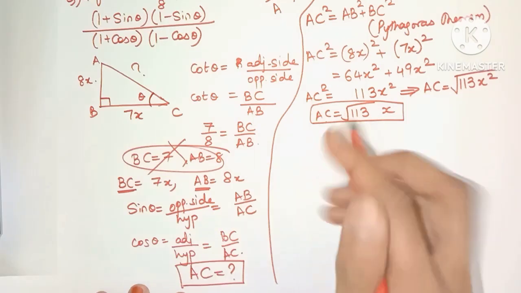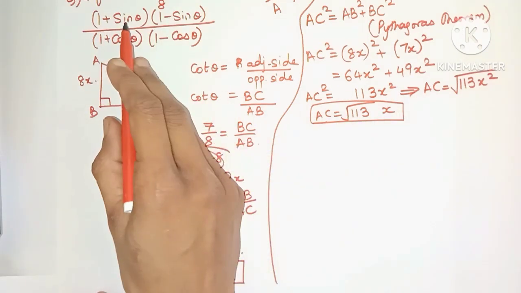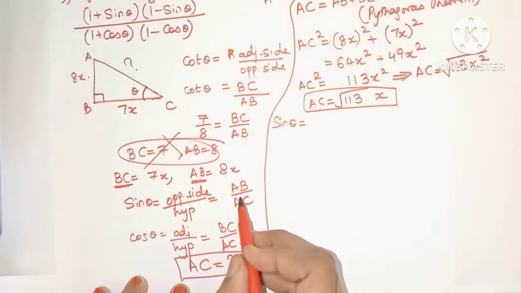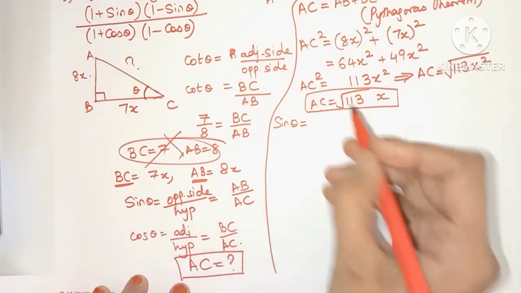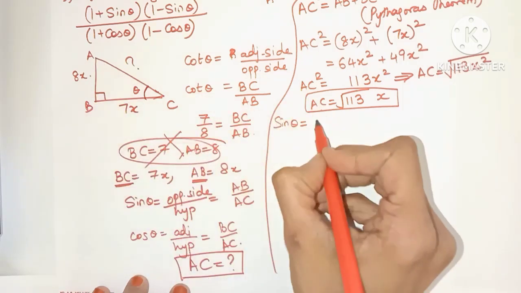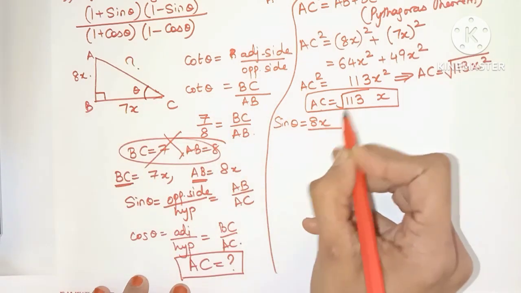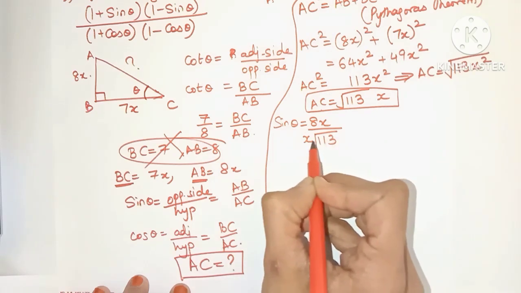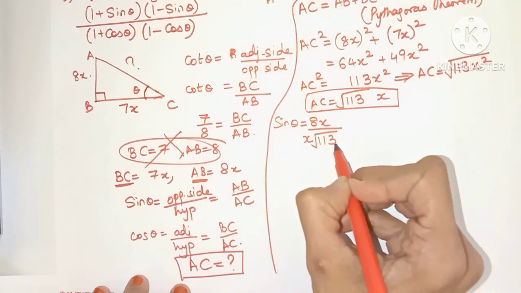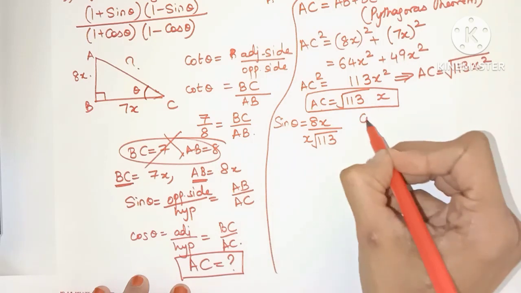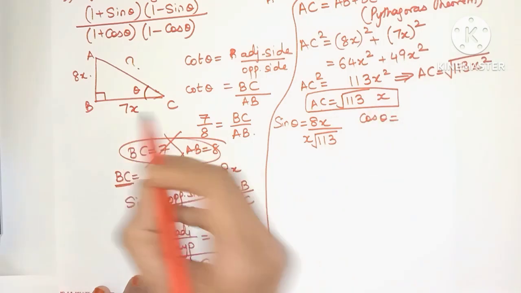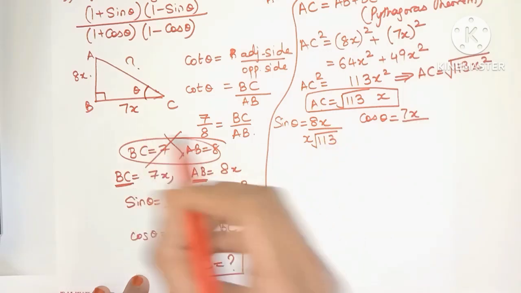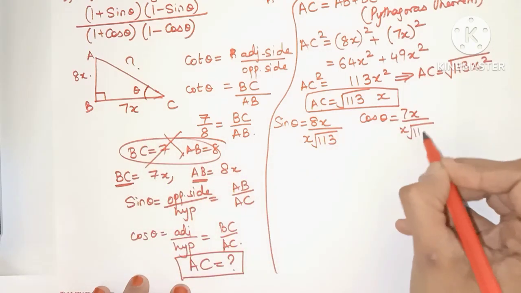So now that we know AC, let's quickly find sine theta and cos theta. Sine theta, if you remember, is AB by AC. So AB is 8x and AC is x root 113. You can even write the x before, just to avoid the confusion of whether x is inside the root or not. And cos theta will be 7x, because it is BC, divided by the hypotenuse, which is x root 113.